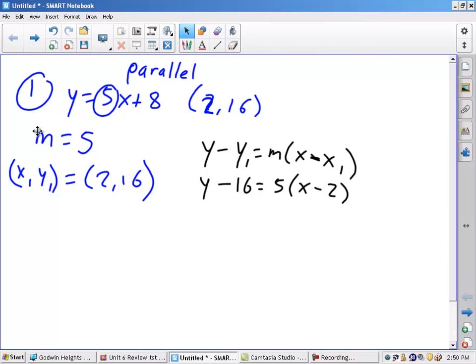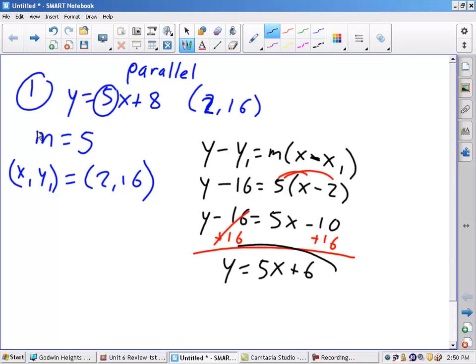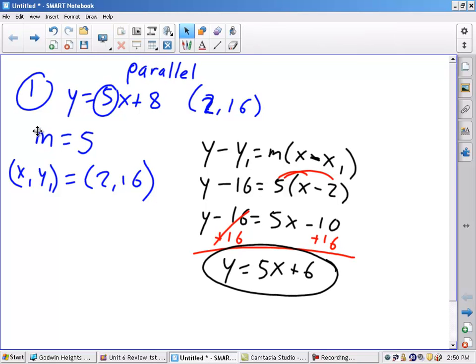That's in point slope form, and then you want to get it down to slope intercept. So you need to distribute, and then you have 5x minus 10. One more step, you add 16, cross that out, and you get y equals 5x plus 6. That's the equation that's parallel to that through that given point.